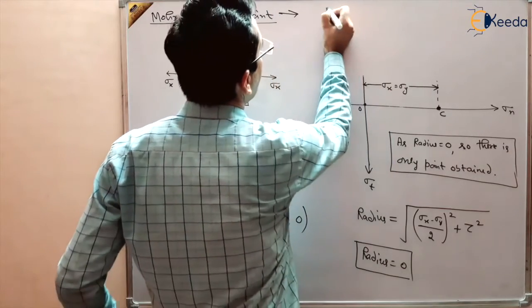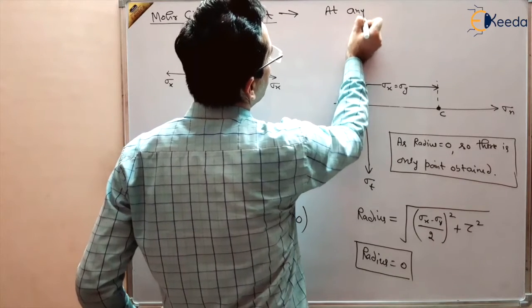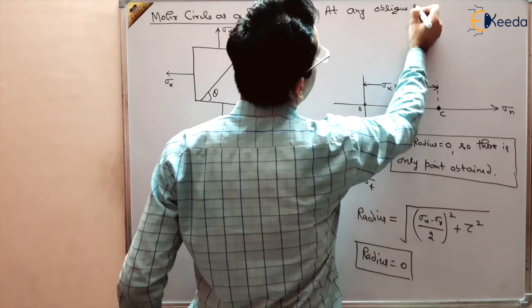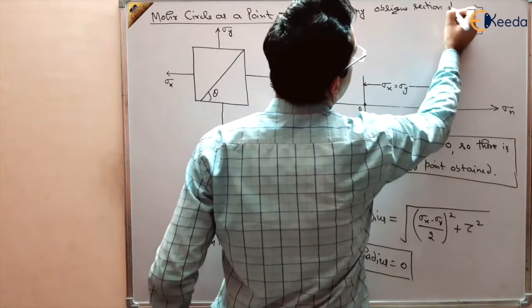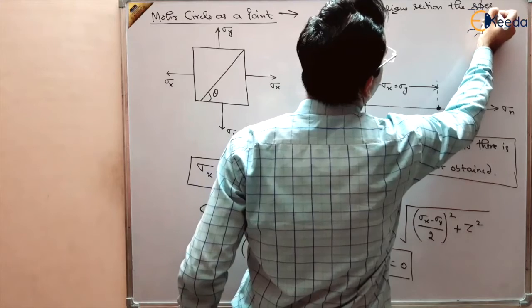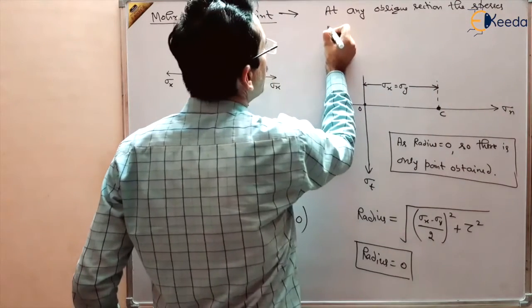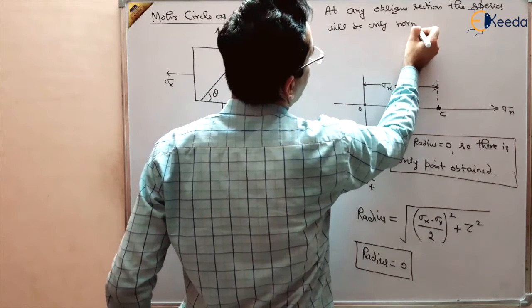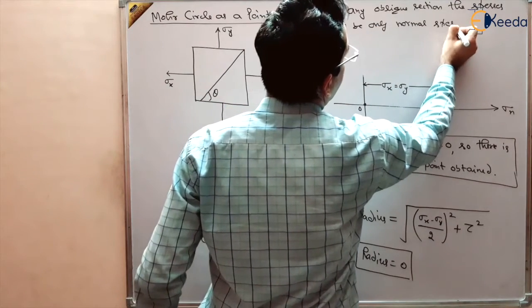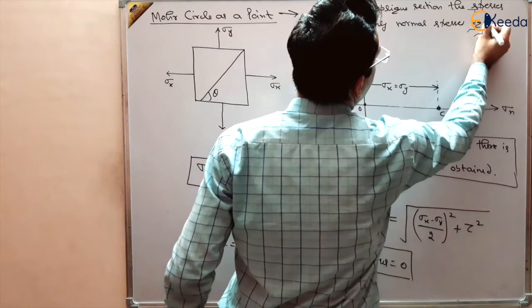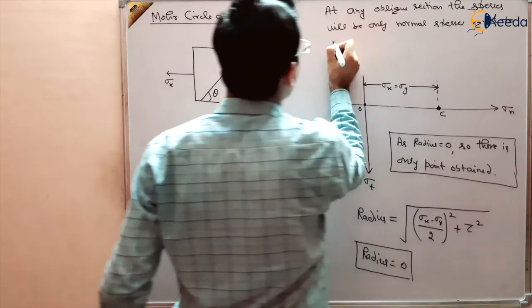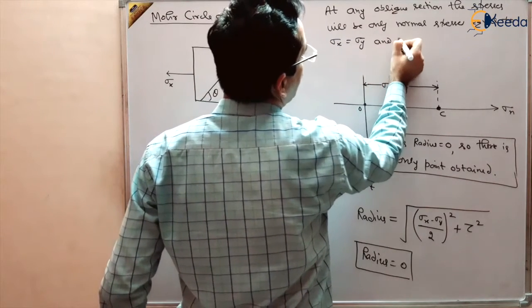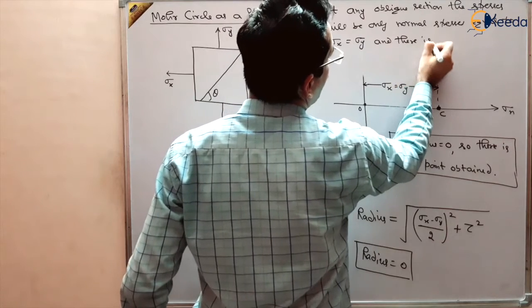So at any oblique section, the stresses will be only normal stresses, sigma x equal to sigma y, and there is no shear stress.